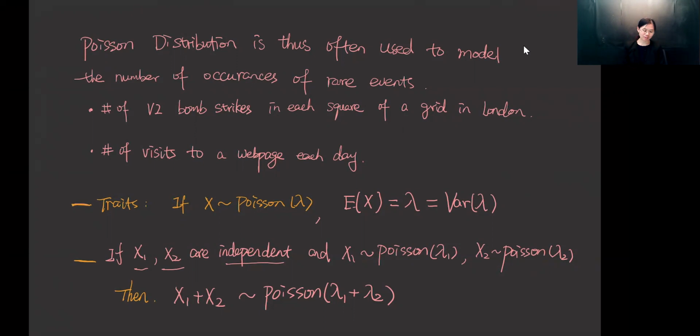Then it seems intuitive that the distribution of the two should be additive in this way. So when you add up two independent Poisson distributions, you get another Poisson distribution. And that's all.